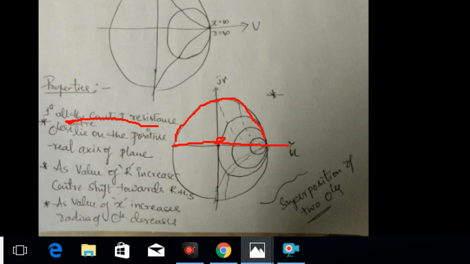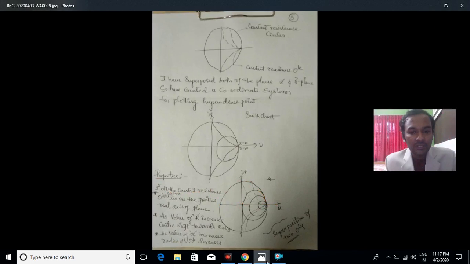This is the real axis, so all the points lie in the positive half. As the value of r increases, the center shifts towards the right-hand side, and the radius becomes 0.